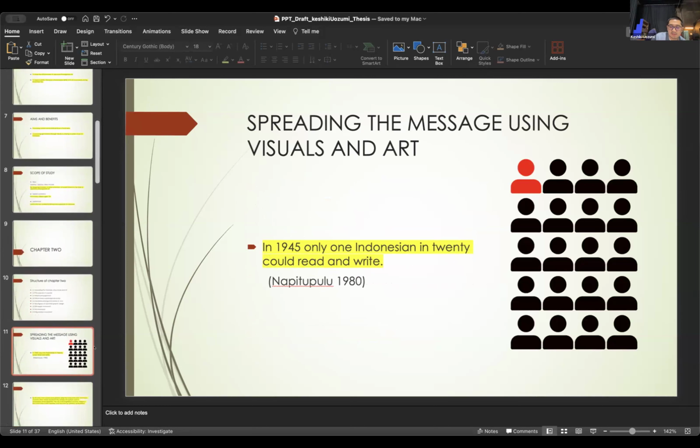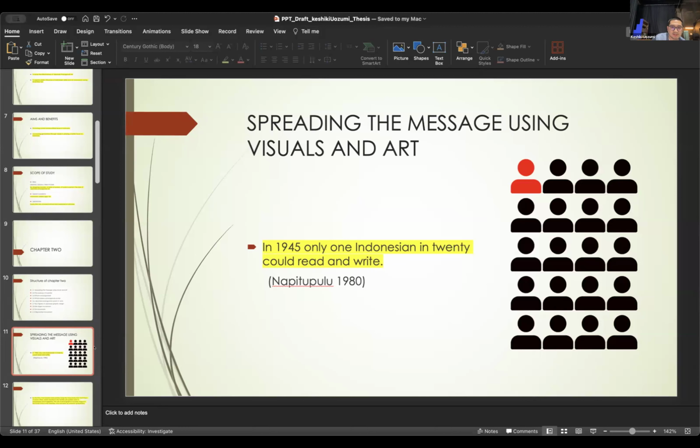The reason the Japanese were so interested in spreading propaganda through art is that in 1945 the literacy rate was not good.